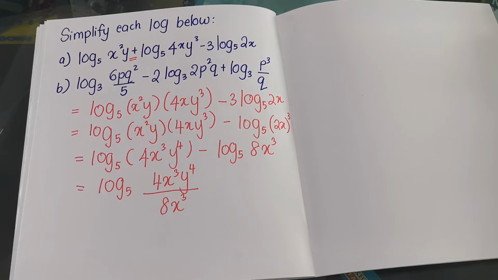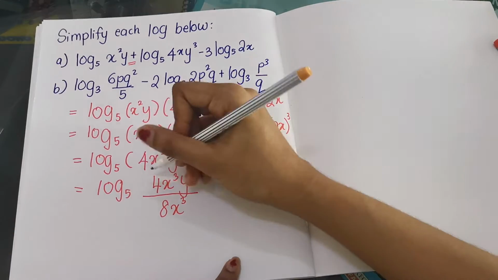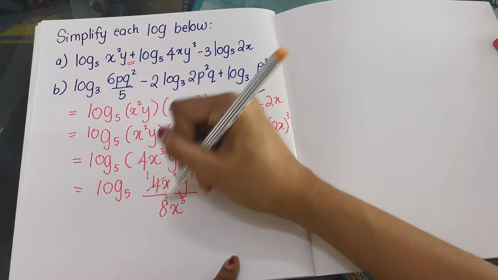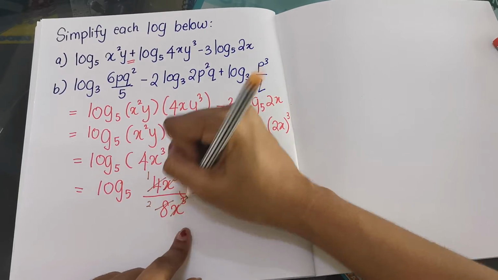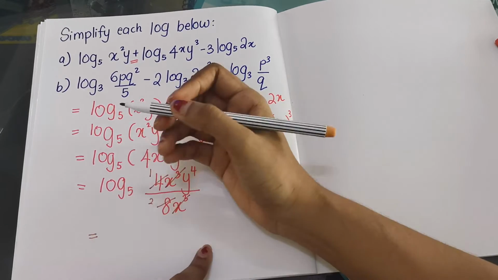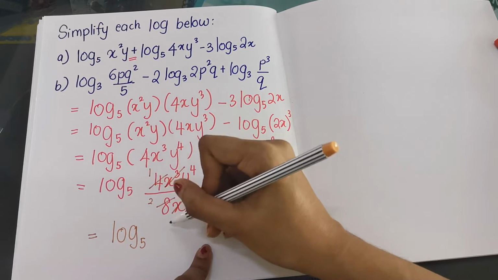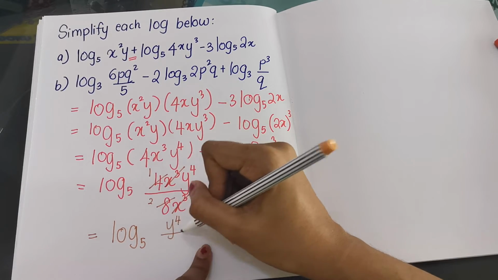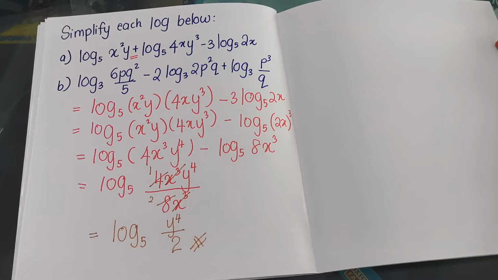What can we do over here? We can definitely simplify. Four divided by 8 gives 1 over 2, and x to the power of 3 can be eliminated, so we are only left with y to the power of 4. So the final answer is log base 5 of y to the power of 4 over 2. We have simplified the log.